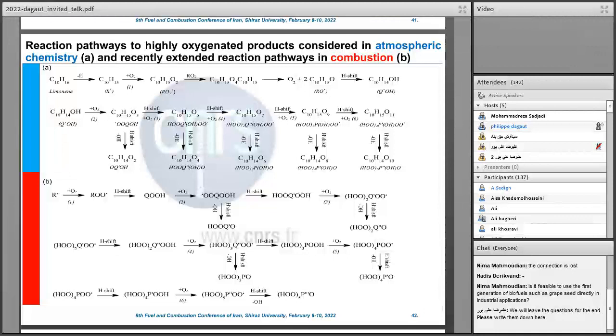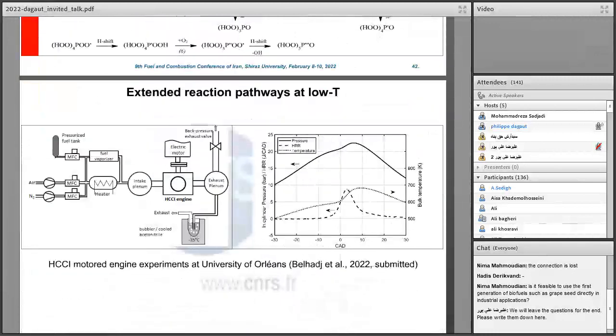So what we could observe under our experimental conditions here is that both mechanisms occur and that you are observing the formation of very highly oxidized products. And so these experiments were initially performed in a jet stirred reactor, and we continued with other systems.